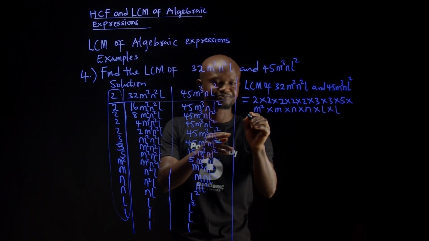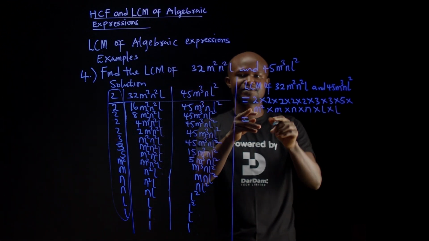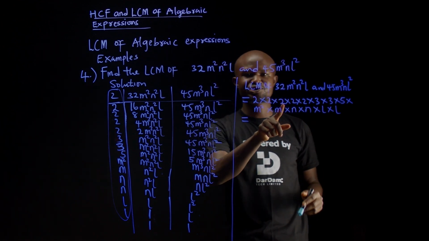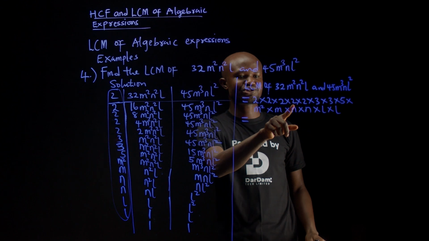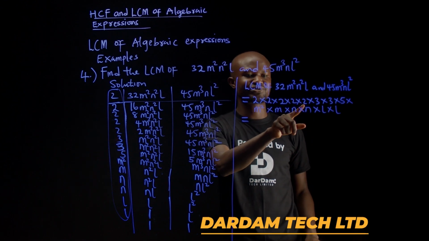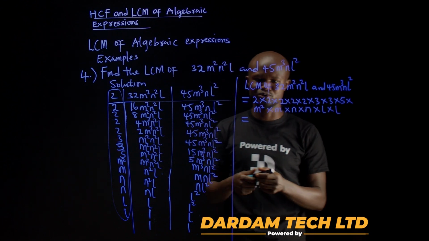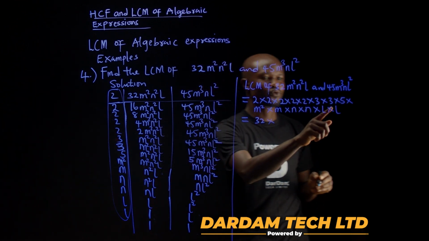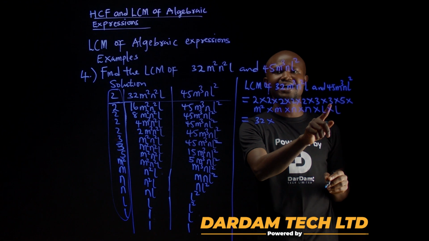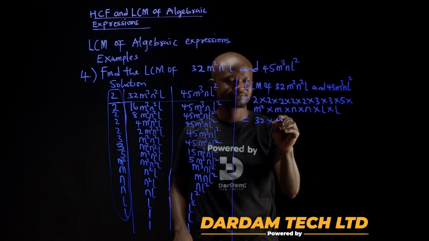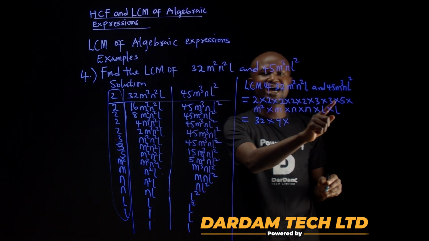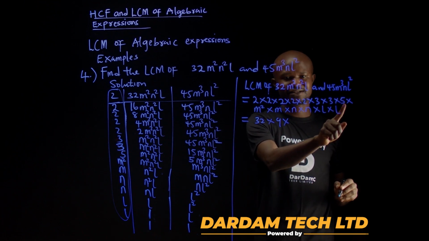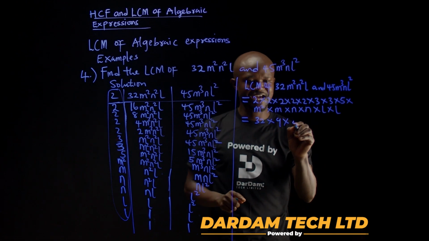So now, let's multiply. 2 times 2 is 4, times 2 is 8, times 2 is 16, times 2 is 32. So we have 32. 3 times 3 is 9, then times 5.